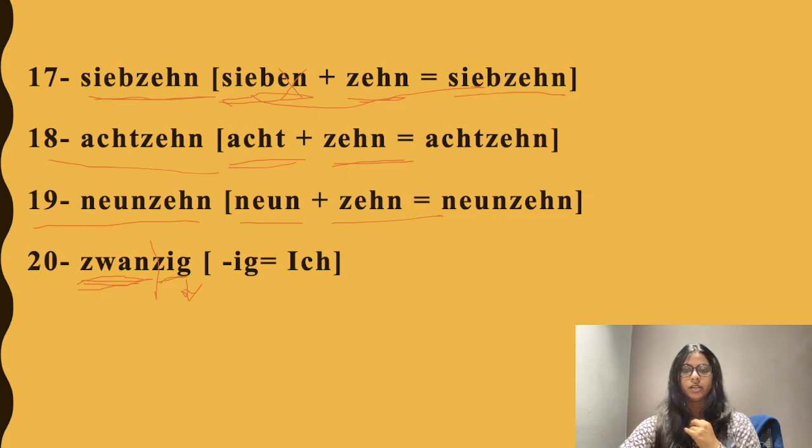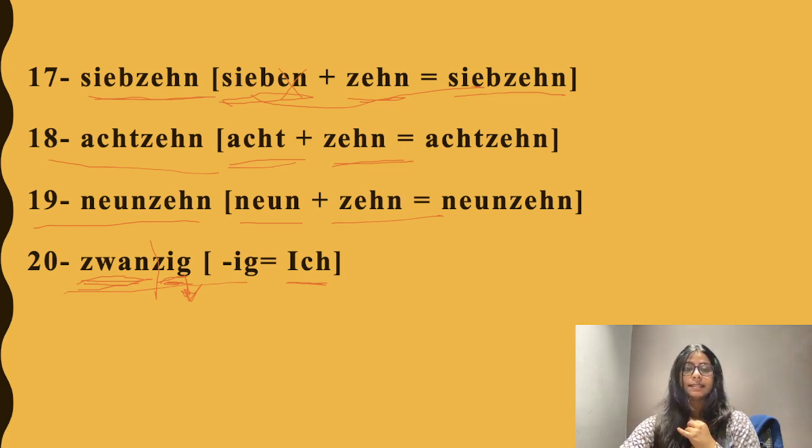So this G forms part of an ig suffix and hence this would be pronounced as ish, which means ich in English. So this is pronounced as ish. So zwanzish. Some people also pronounce this as zwanzig. That's because they have different dialect.